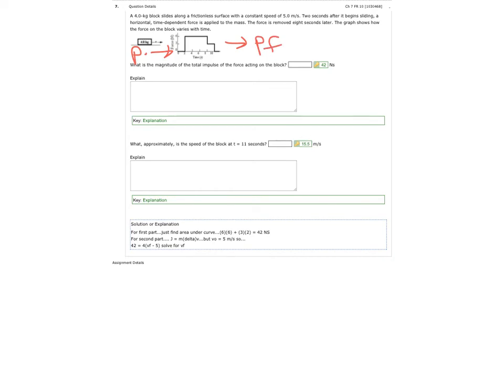It was moving, it had momentum. I pushed on it with different forces, right? So it was at a high force, and then it was at a low force, for different amounts of time, so I can see what the times are. And so that's going to give me a final momentum. But what I'm looking for is the impulse. And so the easiest way to do it, like I said, is impulse is equal to the area. So if you look at it, it's simply 6 times 6, because that's that first square.